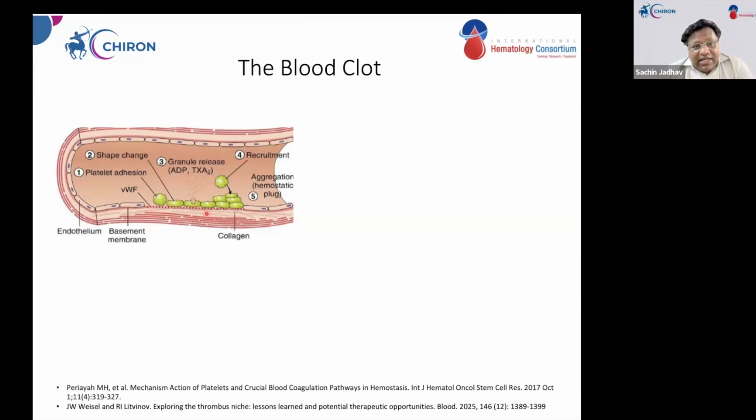Normally, collagen and tissue factor, you can see they are below the vascular endothelium. But wherever there is a break in the endothelium, a tear, a cut, any kind of trauma, the blood then gets exposed to collagen and tissue factor. This triggers a local clot.